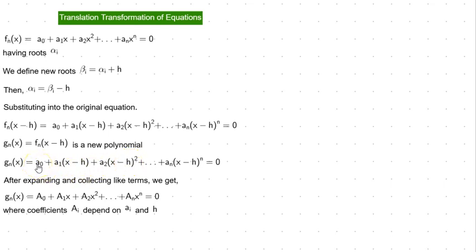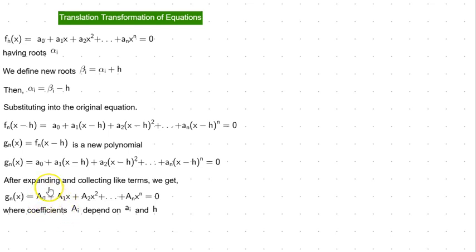a sub 0 is a constant, a sub 1 times h is going to be a constant, a sub 2 times h squared is going to be a constant. So we basically add up all those to get a constant. That constant, we name it as capital A sub 0.